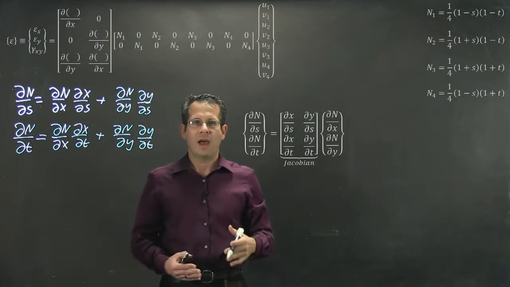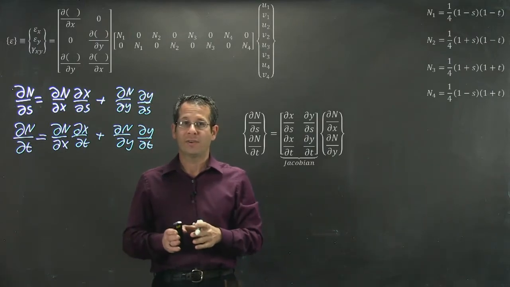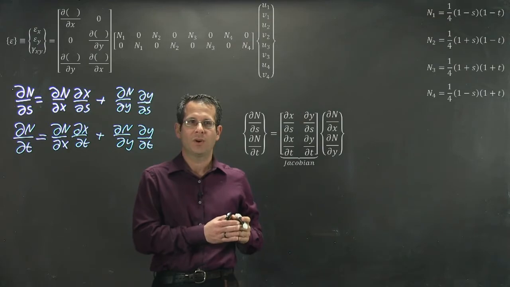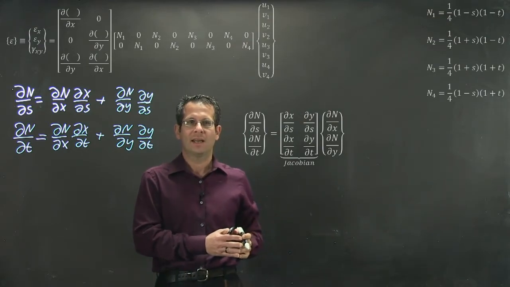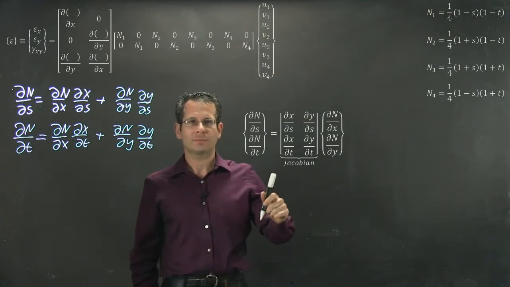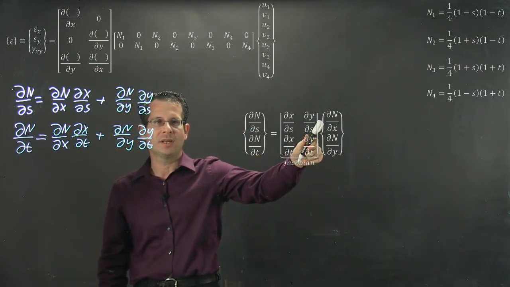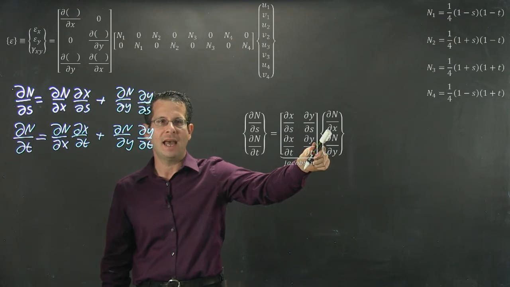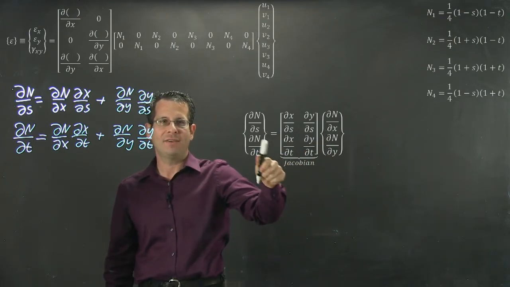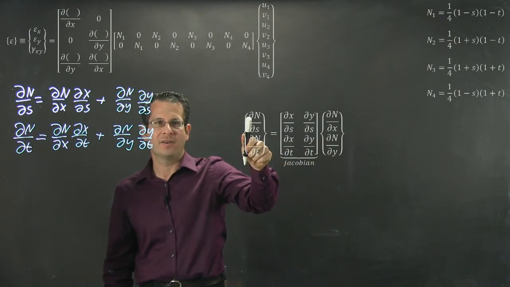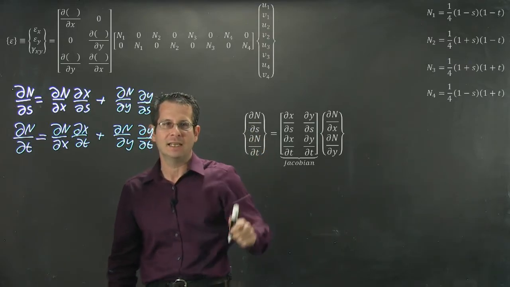All right, so now I have a way of relating our derivatives in s-t space to our derivatives in x-y space. However, what I'm looking for is a way to take derivatives in terms of dN/dx. What I have here is a way to find derivatives of N with respect to s and t.